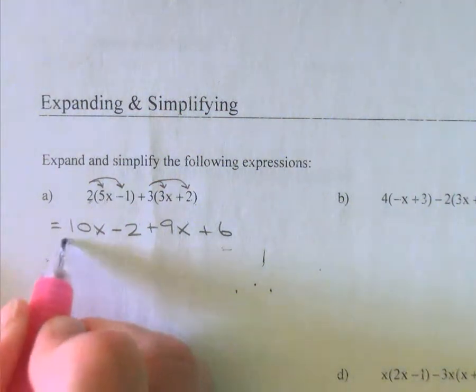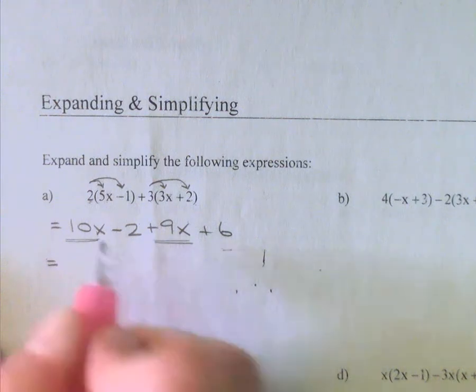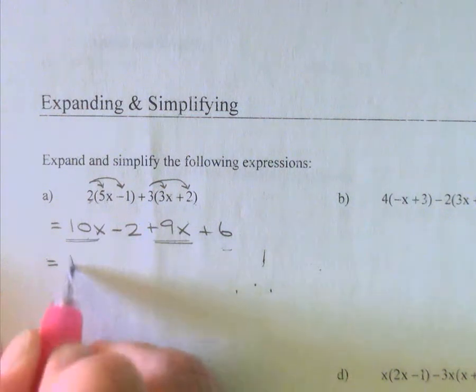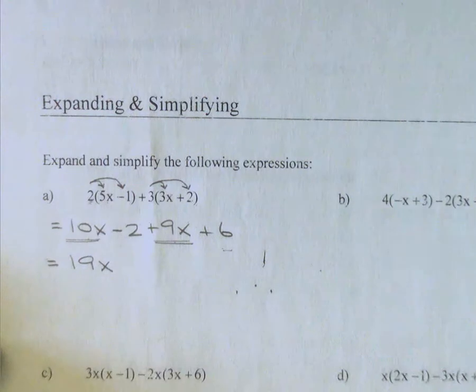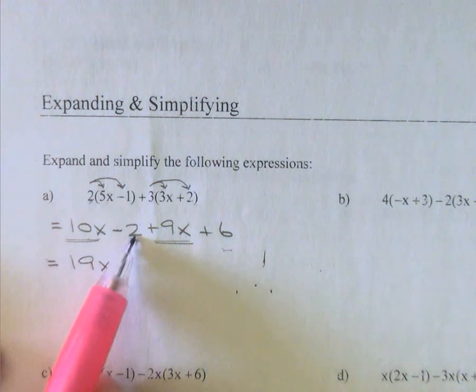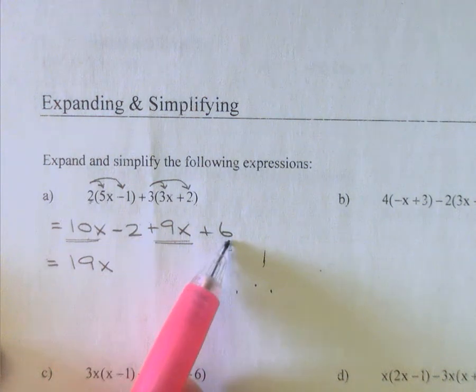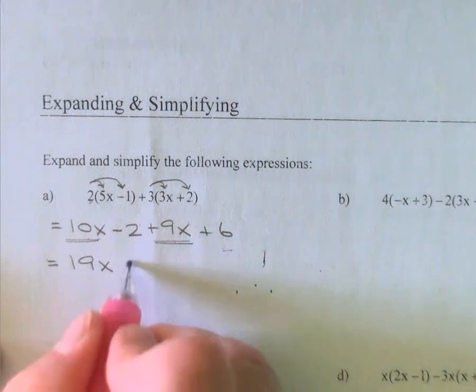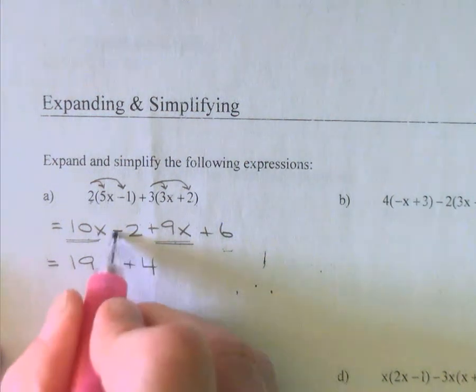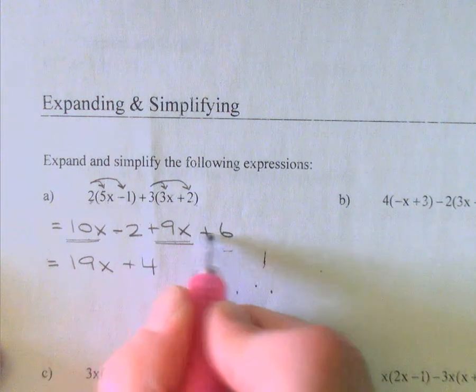So here I have a 10x and a 9x. So I have 10x plus 9x is 19x. And now I have minus 2 plus 6. Those are constants. So I have plus 4. Because this minus goes with this 2, and this plus goes with this 6.